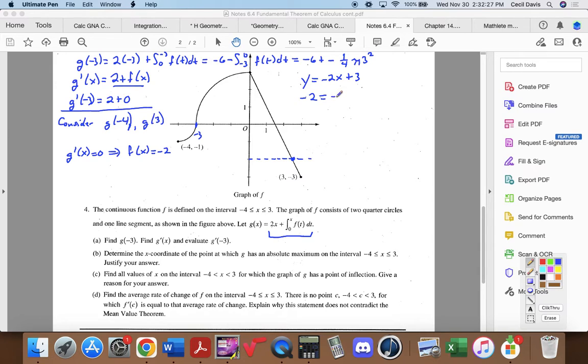So negative 2 equals negative 2x plus 3. Subtracting the 3, we get negative 5 is negative 2x. Dividing by negative 2, it is 2.5. So the other place we're going to consider is g of 2.5.